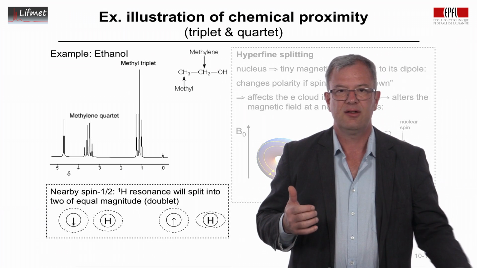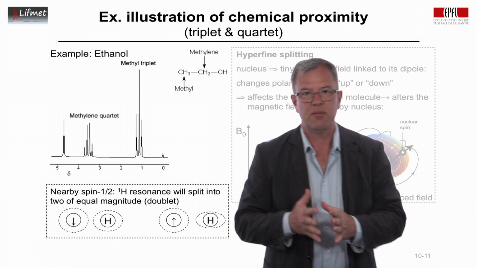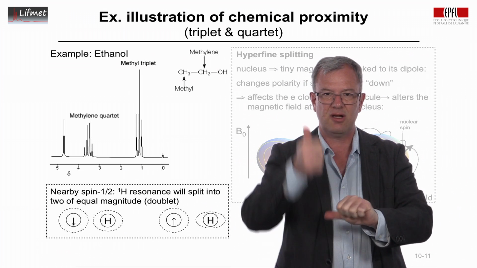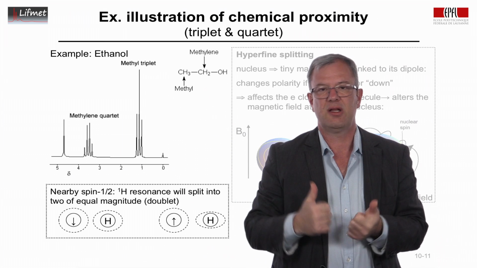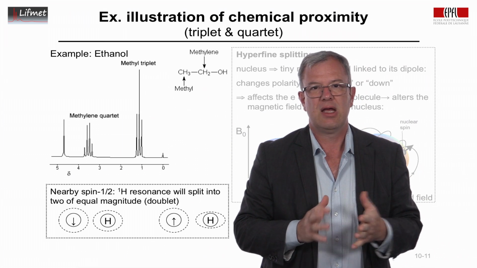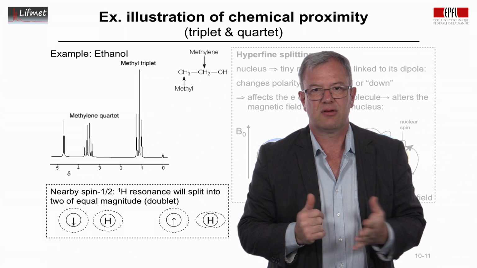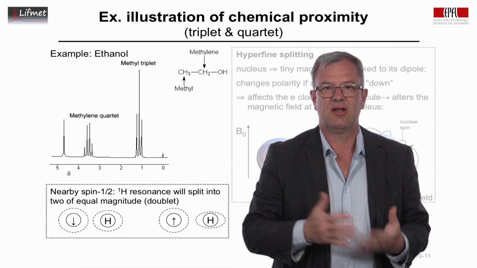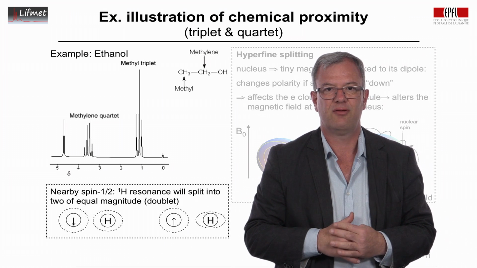Now, why is it exactly the same? Remember, we dealt with the Boltzmann distribution. We said the probability, whether it's up or down, is essentially 50%. Well, one is 50.00001% and the other one is 49.99999%. But in terms of intensity, we don't see these small differences.